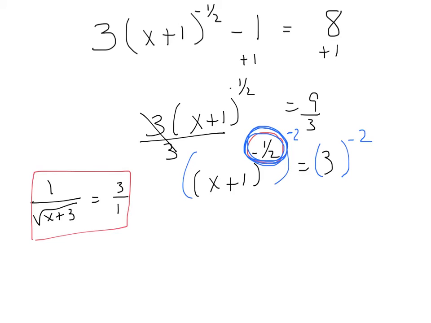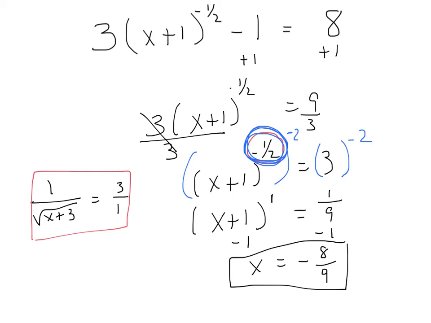And now when I multiply the negative 1/2 times the negative 2, that will give me a positive 1. 3 to the negative 2 is 1 over 3 squared, which is 1/9. Last step, subtract the 1 from both sides, and if I take 1/9 minus 1, I will end up with negative 8/9. Answer.